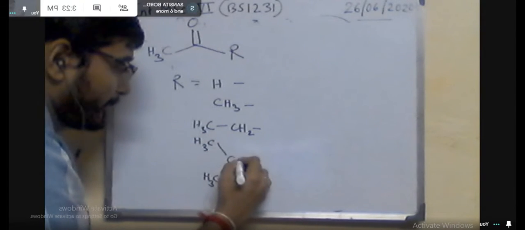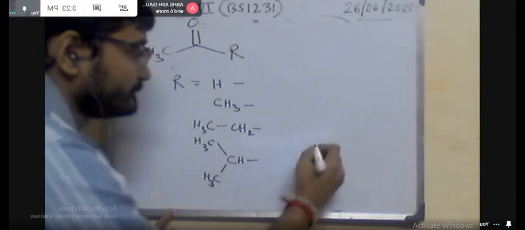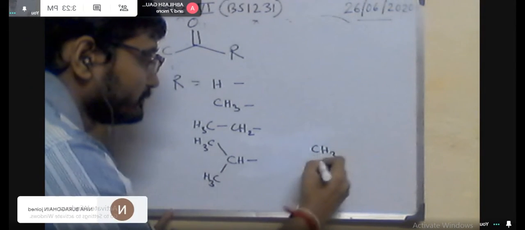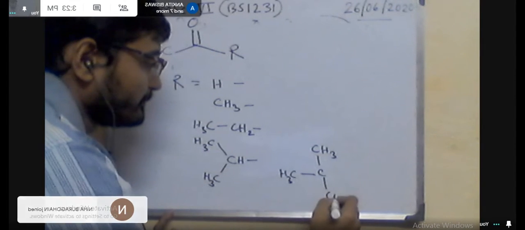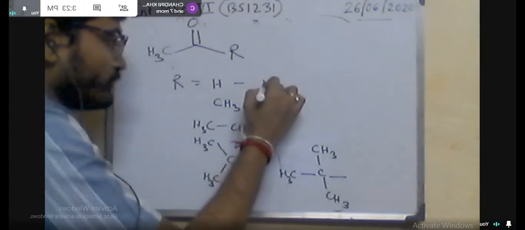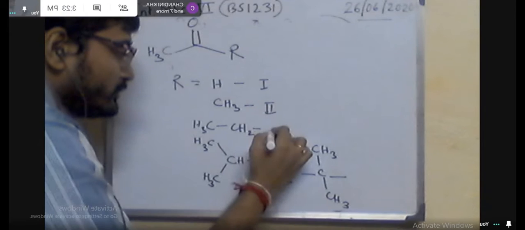So now in this case, if this is 1, 2, 3, 4 and 5, this is the primary type of structure, this is the secondary, and this is the tertiary one, and this is the methyl one and simple hydrogen.